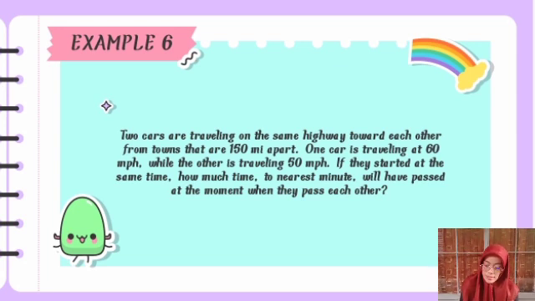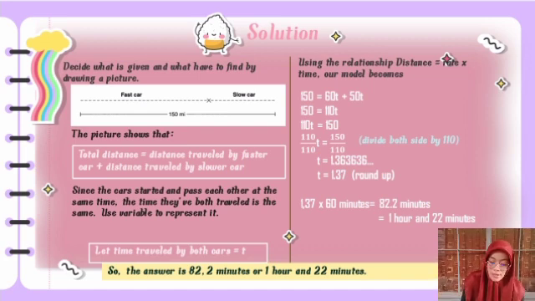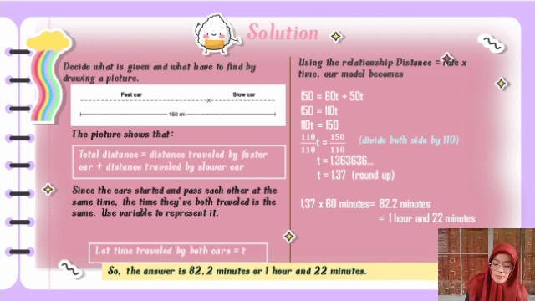If they start at the same time, how much time, to the nearest minute, will have passed at the moment when they pass each other? Solution: decide what is given and what we have to find by drawing a picture. The picture shows that total distance equals distance traveled by the faster car plus distance traveled by the slower car.